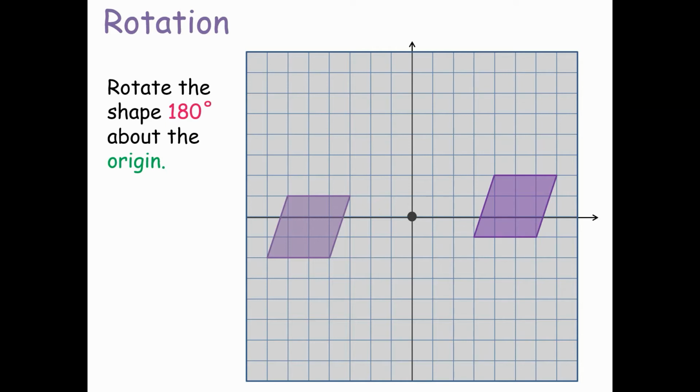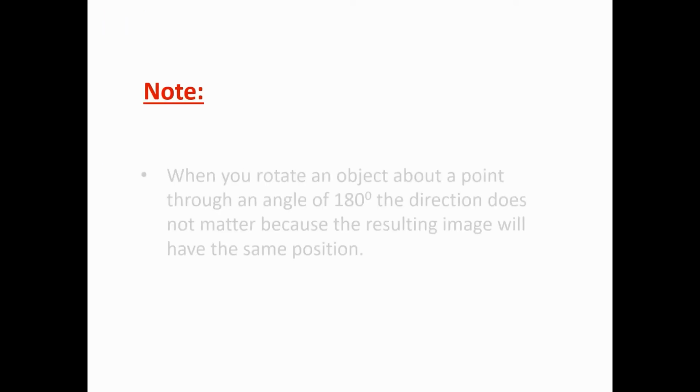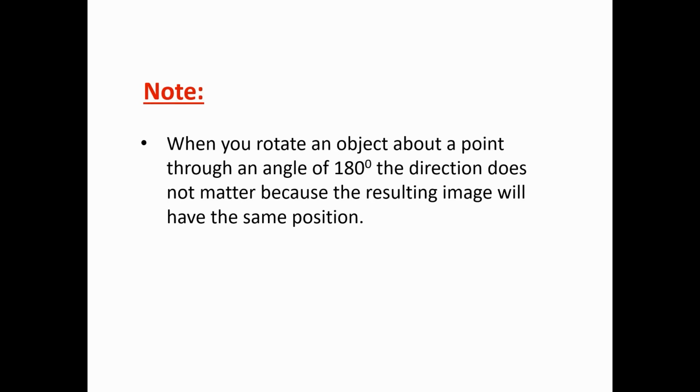So when we are told to rotate a shape 180 degrees, there's no need to tell us whether to turn it clockwise or anti-clockwise, because we will end up with the same result. So when you rotate an object about a point through an angle of 180 degrees, the direction does not matter because the resulting image will have the same position. Okay, as I have told you.